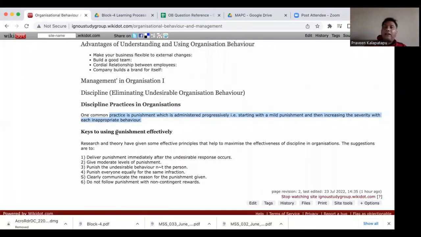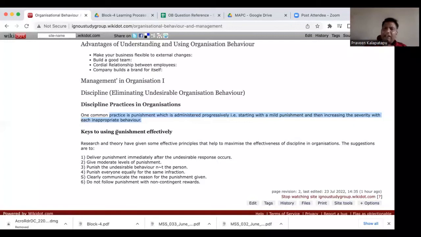There are cases where we know that CEOs themselves were given a notice, or not even given a notice, just pushed out of the organization because of certain behavior. Presidents of nations also had this trouble of disciplinary action. So it all depends on the seriousness of it.